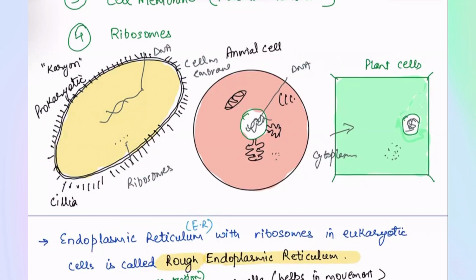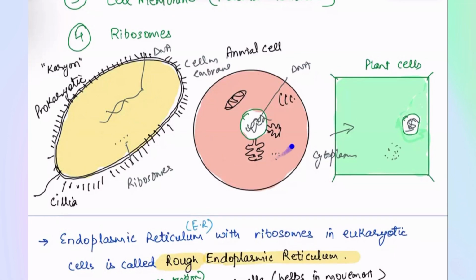Some prokaryotic cells may also have a tail-like structure called flagella, which helps them propel. It helps in movement. Besides, they have a nucleoid region where naked DNA is present, and ribosomes along with the cytoplasm.